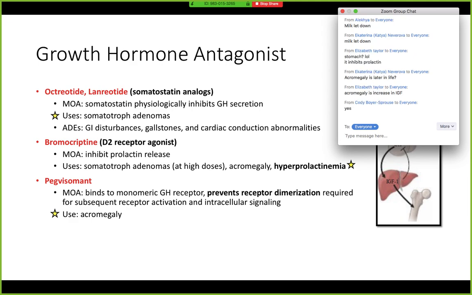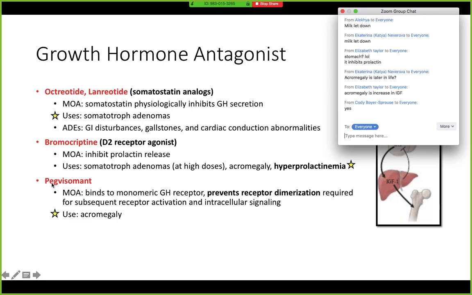And something I talked to Dr. Quadri about: somatotroph adenomas can cause acromegaly, and that's true in about 95% of the cases. Almost always, acromegaly is caused by a somatotroph adenoma.